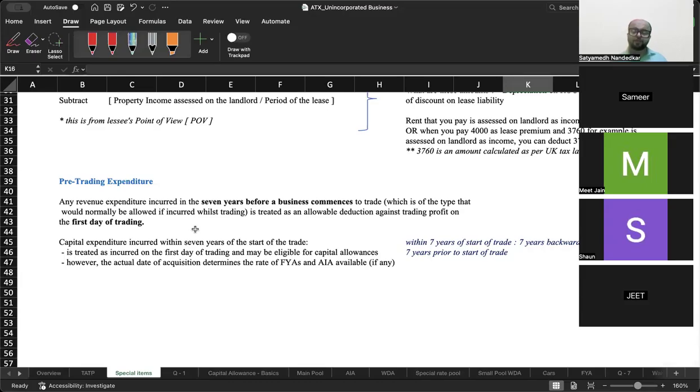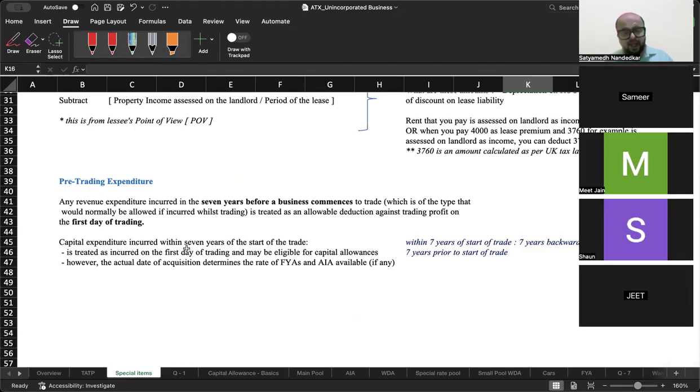So what is ideally happening in this case is this is for the business that I'm going to start after 2 years. So on the first day of trading, any expenditure incurred before the business commences is allowed as a deduction. These are basically any revenue expenditure incurred in the 7 years before a business commences to trade.